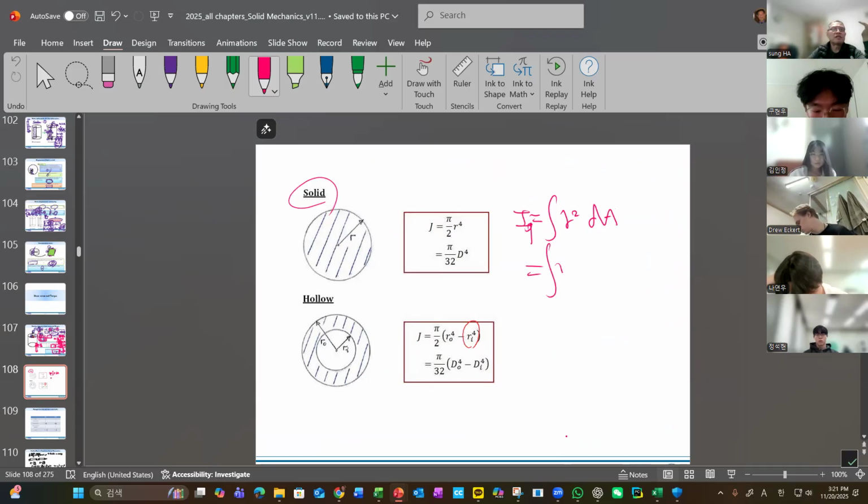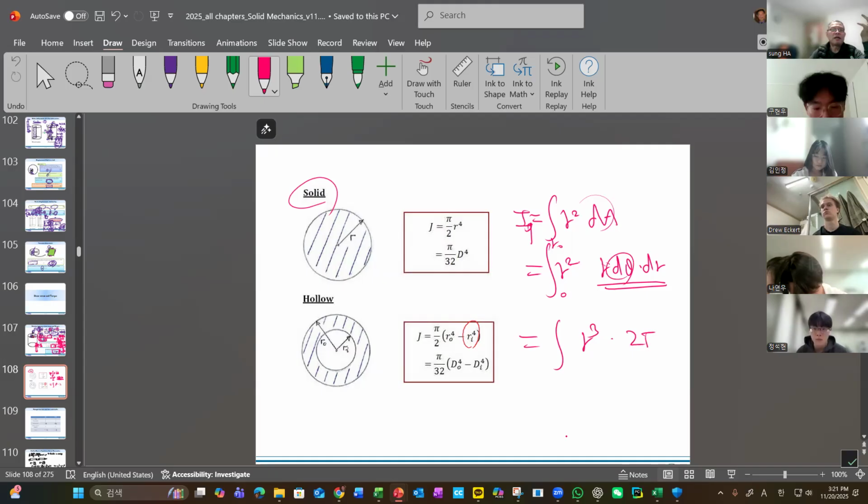So this one, R square, what is the dA? dA is R d theta times dr. We know that, right? So from R0 to R0, and now we have R cubed, and d theta is constant, so 2 pi, and dr, and then from what is this?